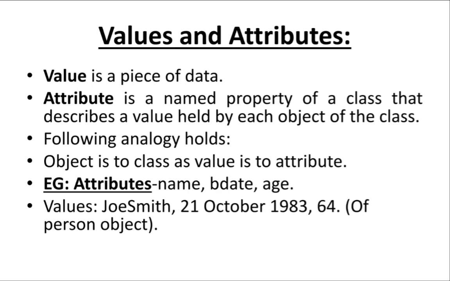What is the birth date of Joe Smith? 21 October 1983. That is the value for the birth date. What is the value for the age attribute? 64 is the value for the age attribute. So what you are understanding here is that for every attribute there will be a value. These attributes are of the person object, and every attribute will hold a value.